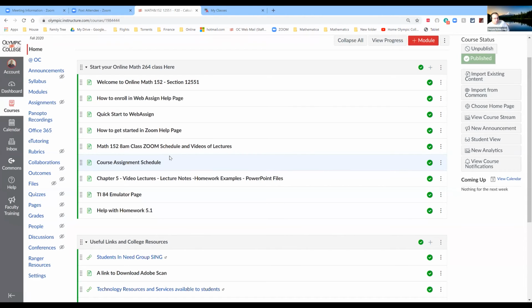Okay, here we go. Share that thing. Okay, you are looking at essentially what Canvas will look like.